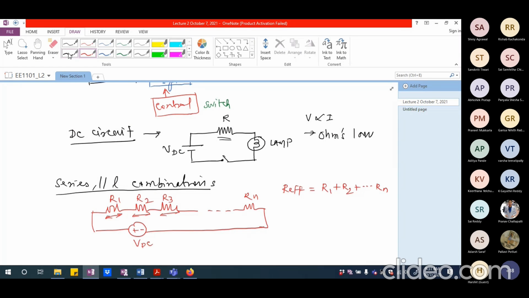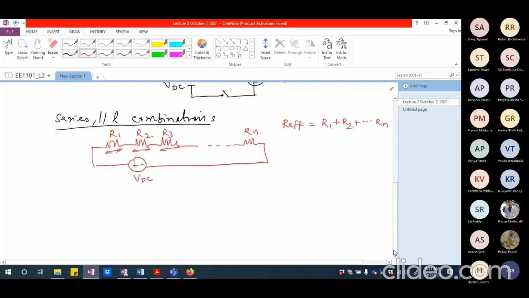The same way, when we have a parallel combination of resistances. Let us say I have a voltage source here, and to that I'm going to connect one resistance, the second resistance, the third resistance and so on. When they are all connected in parallel, I'm going to have the same voltage applied across each. This carries a current of, let us say, I1, and this is R1. This is R2, this current is I2, and this current is I3, and this is R3 and so on.